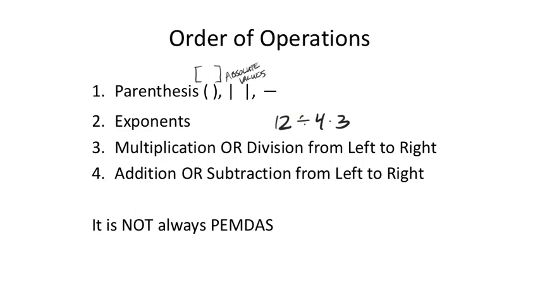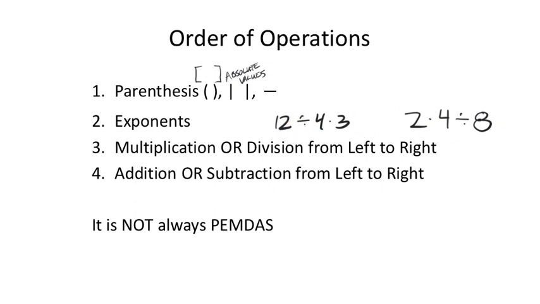Now, if it were switched, I don't know, 2 times 4 divided by 8, okay? So this is okay to do the multiplication first, but it's not because of PEMDAS. It's because multiplication is happening first on the left. So it can be either one, okay?